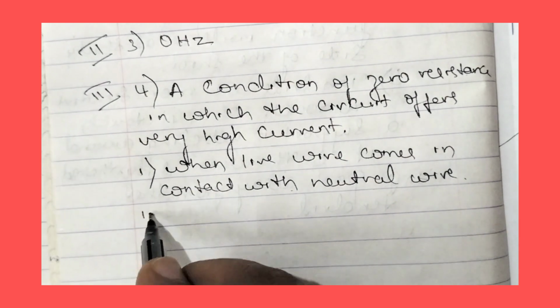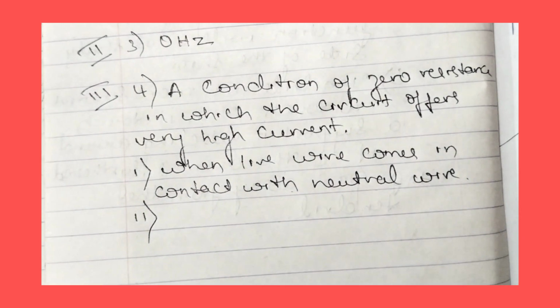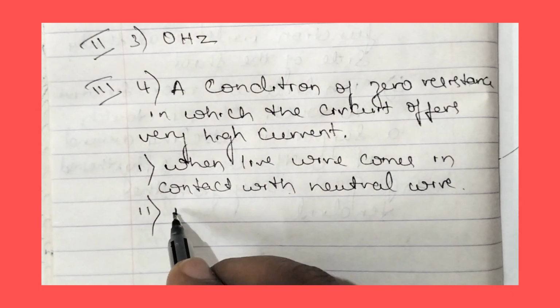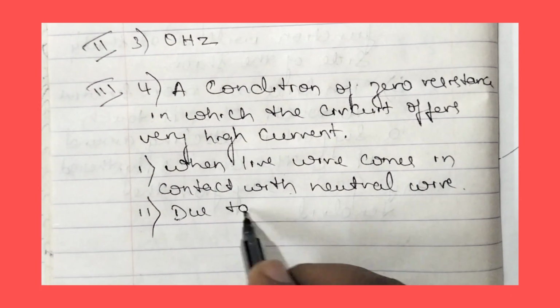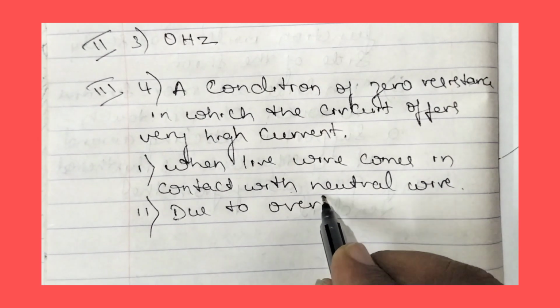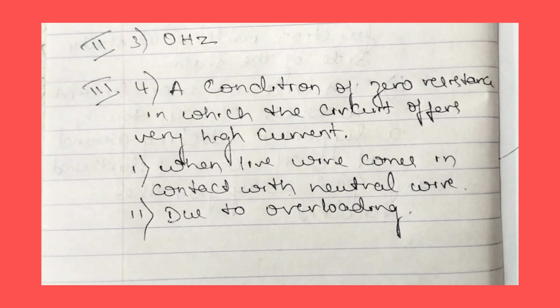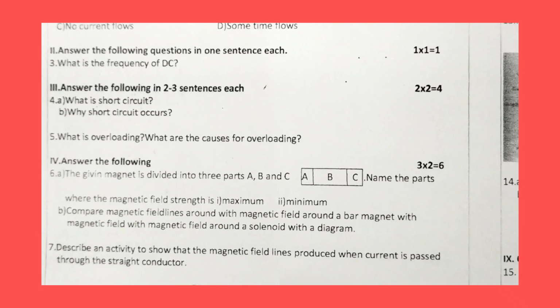This is the first one. And the second one, due to overloading. When overloading occurs, definitely it leads to short circuit. So these are the two reasons which lead to short circuit. Now let us move to question number 5.